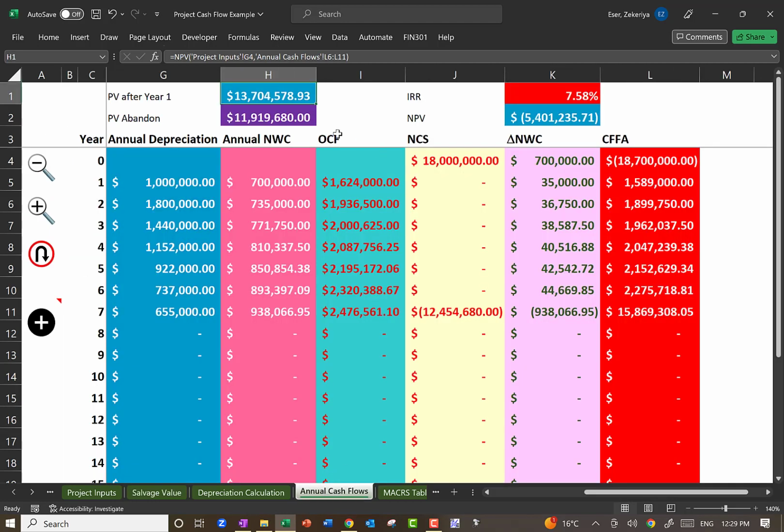If the sales were actually 7 million the first year, present value to abandon it, no, present value after year one is 13,704.